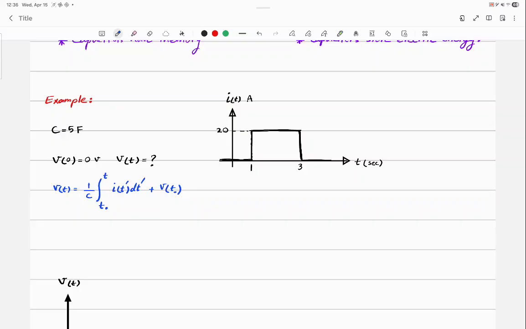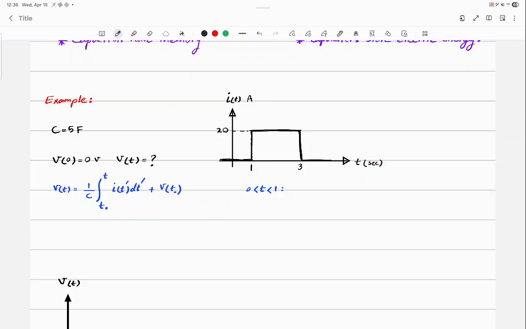Piecewise, right? You've done this several times. From 0 to 1. Do you want to go for the end point of the interval, or do you want to find the general function of the interval?